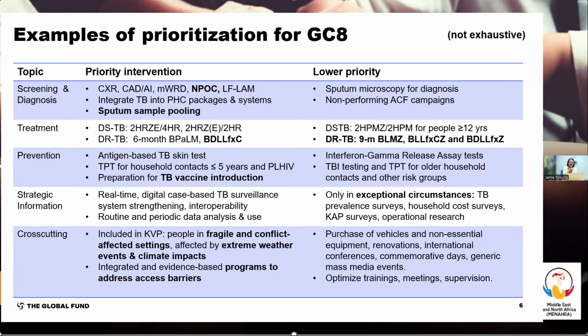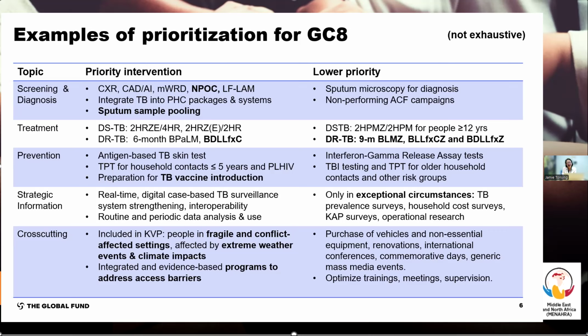And we also note that sometimes we do active case finding campaigns, and these continue even if we're not able to get the expected yield, if they're not performing well. So we are urging that those we monitor strictly, and we stop those that are not giving you the results you expect. On treatment, the focus is very much on the shorter regimens, especially the 4-month regimen for non-severe childhood TB.